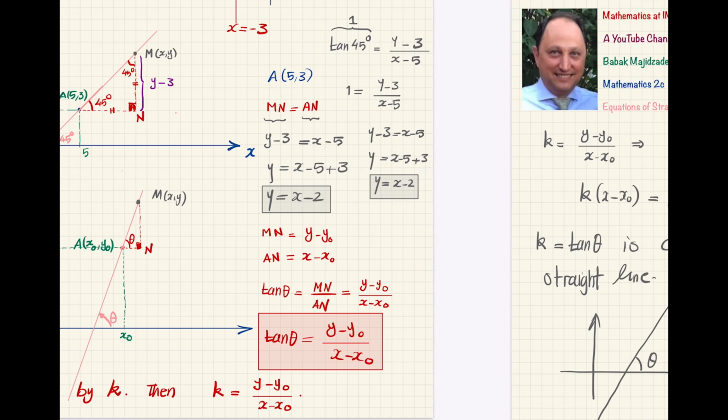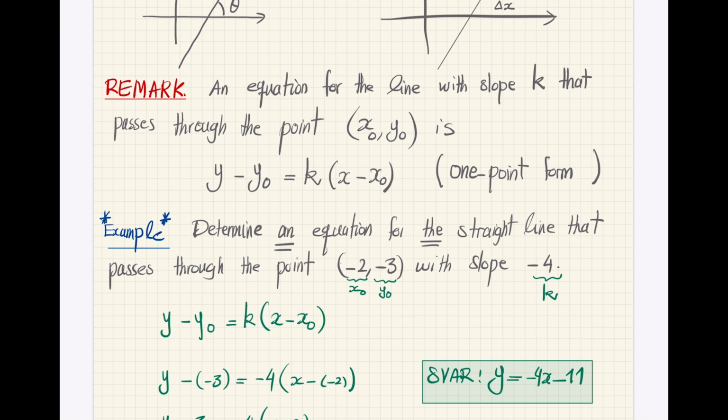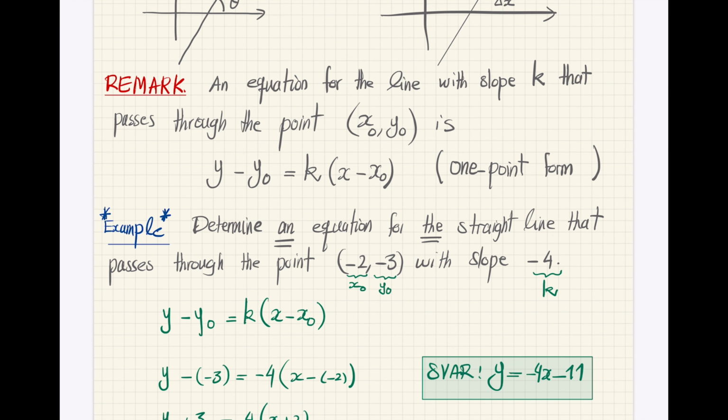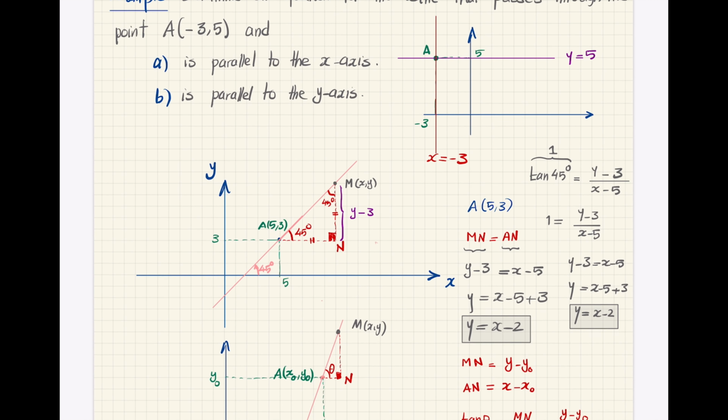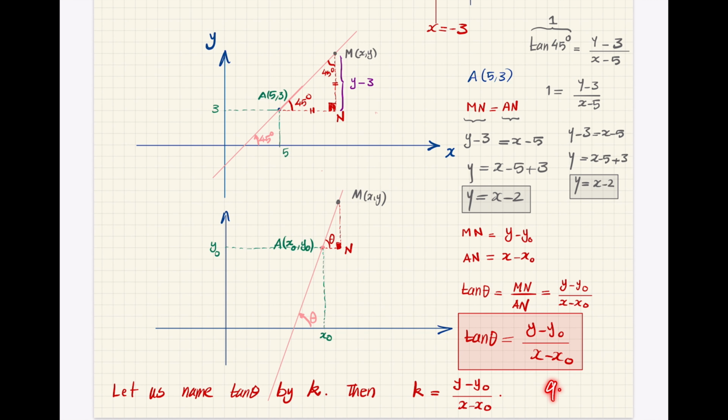So it means that when I see a negative slope, the angle should be between 90 degrees and 180 degrees. So if this angle is smaller than 90, here is the 90. If I want to make the angle bigger than 90, it should be something like this.